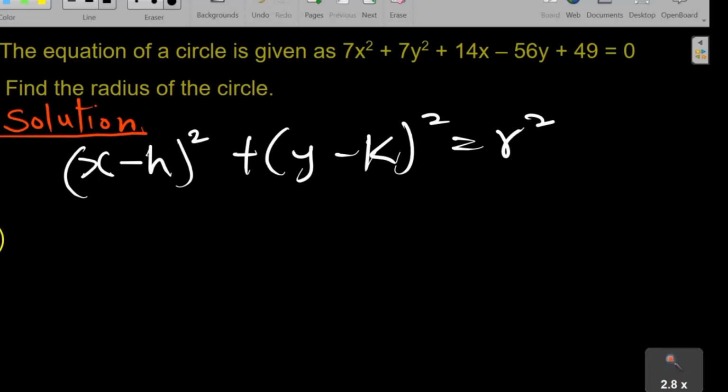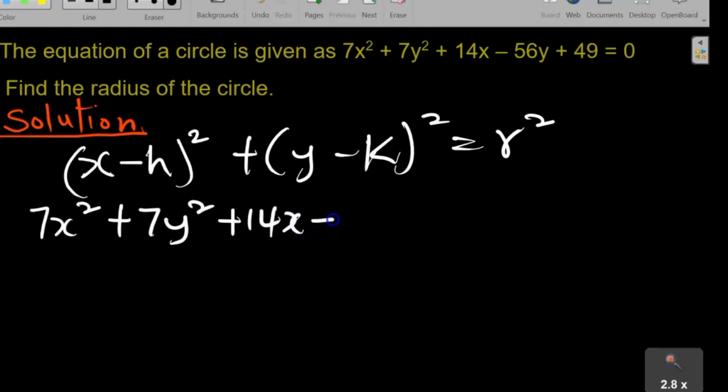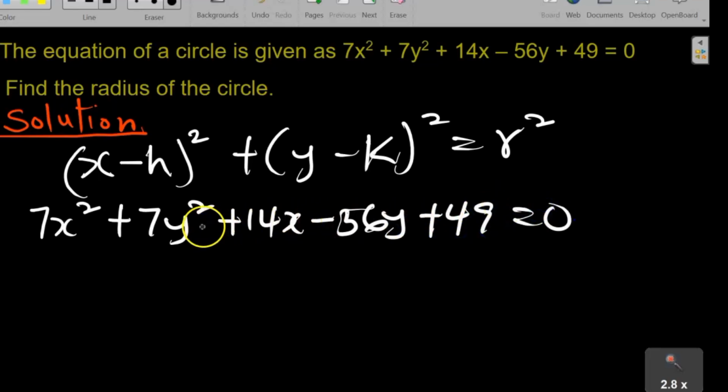So we're given 7x² plus 7y² plus 14x minus 56y plus 49 to be equal to 0. Looking at all these numbers, they are all divisible by 7. So the first thing I'm going to do is to divide through by 7.